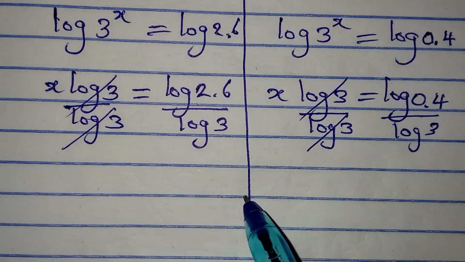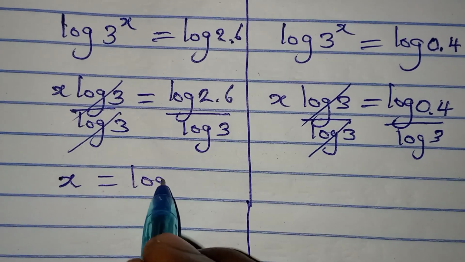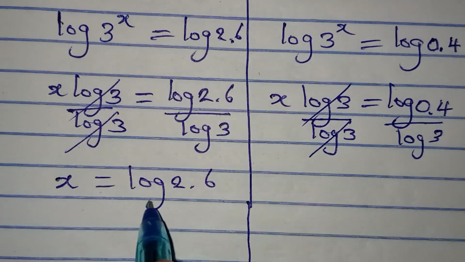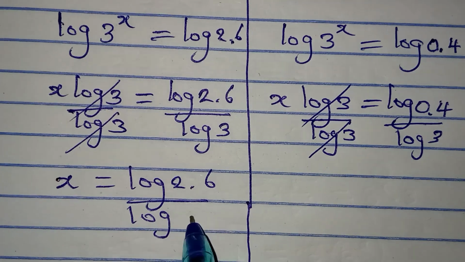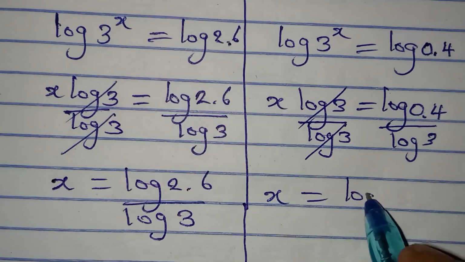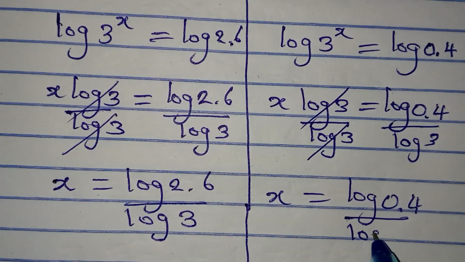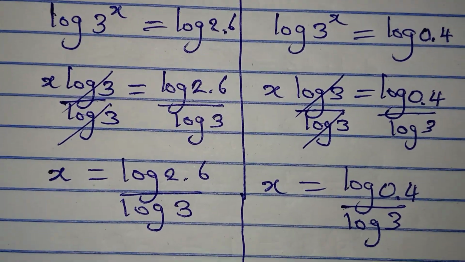So that we can now say x is equal to log 2.6 over log 3, or on this side, x will be equal to log 0.4 over log 3.